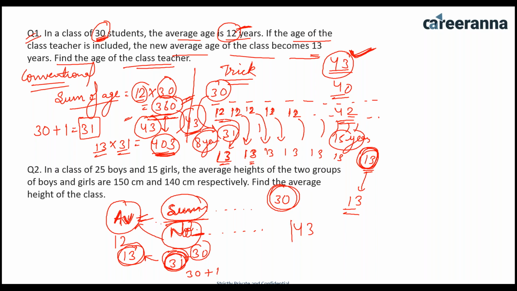The new teacher's age is 43 and it is divided into parts, and these parts are divided among these students. Everyone has got 1, so that it becomes 12 plus 1, 30 times. Is it clear? Now let me make it more clear. Okay, so I told you, let me rub it first.